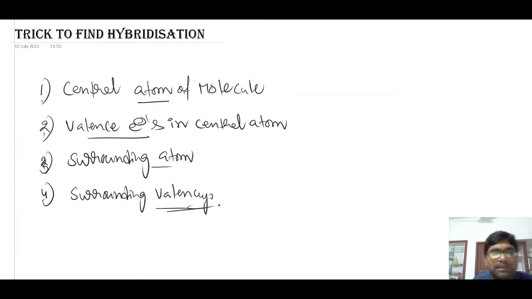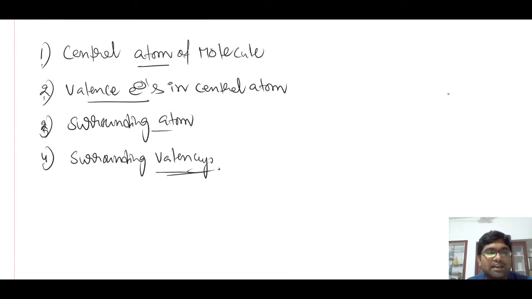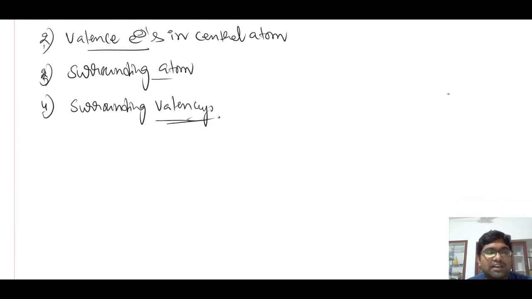Now what is the meaning of valence electrons and valency, students? Valence electrons means the number of electrons present in the outermost orbit. Now what is the meaning of valency? The combining capacity of an element is called valency. Okay, right.